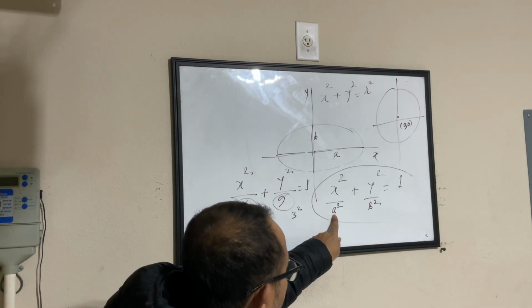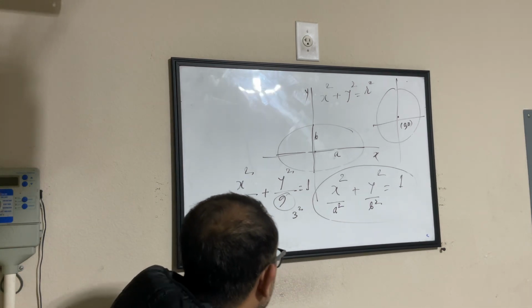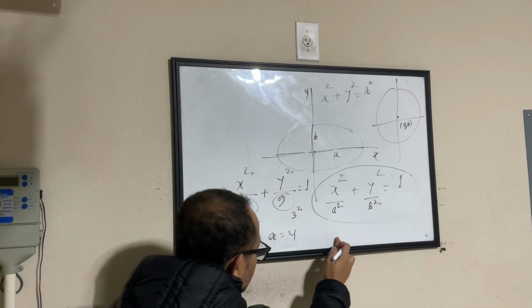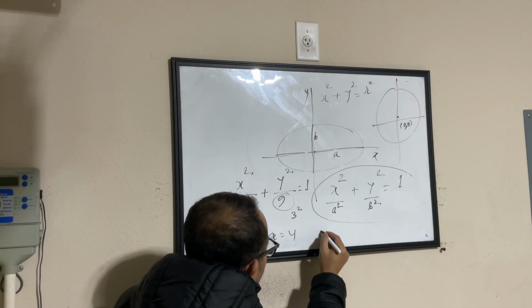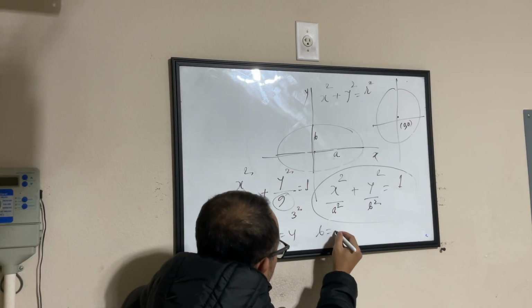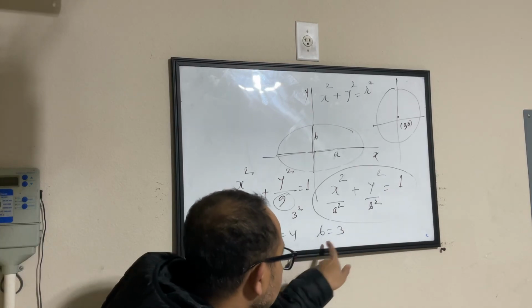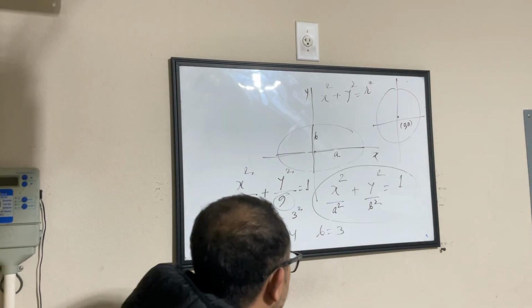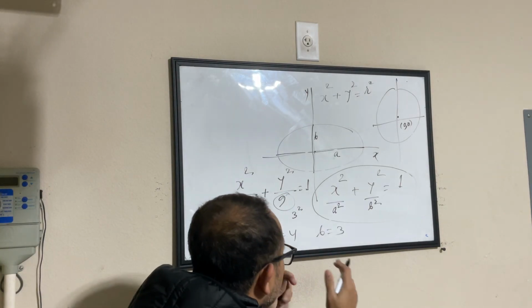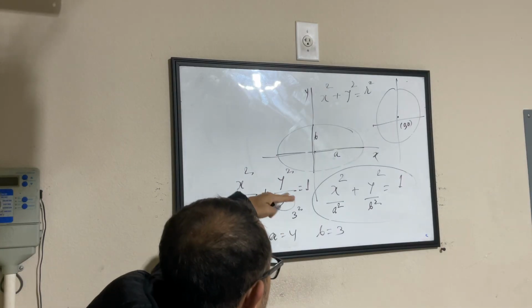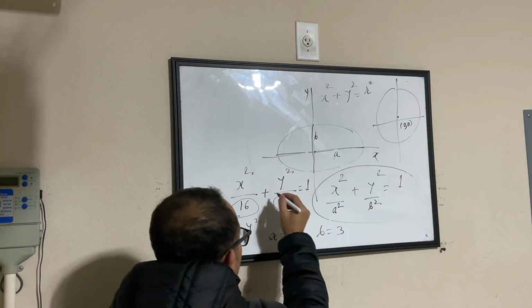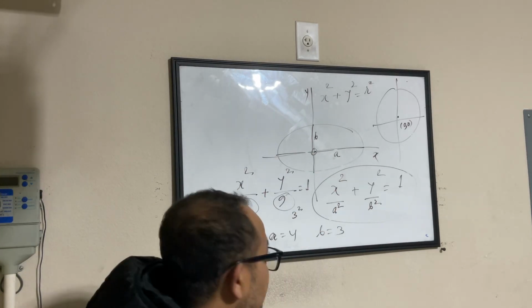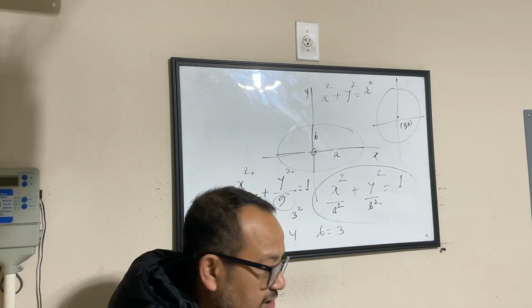So A is 4, the radius along the horizontal axis is 4, and the radius along the vertical axis is 3. Just by looking at this equation, you can also make out that the center of this ellipse is at the origin of the coordinate plane.